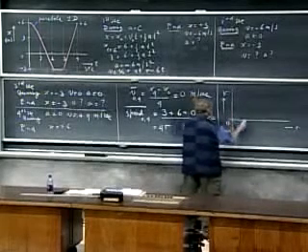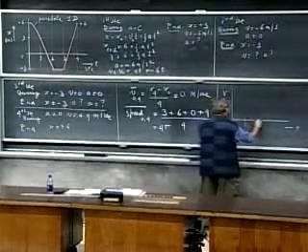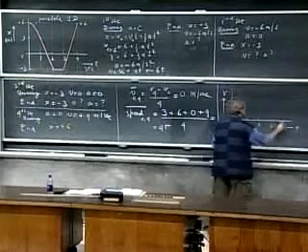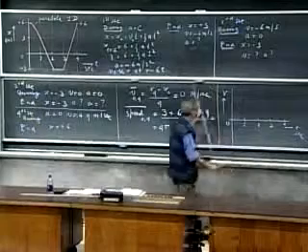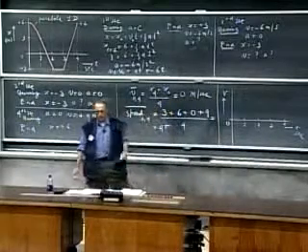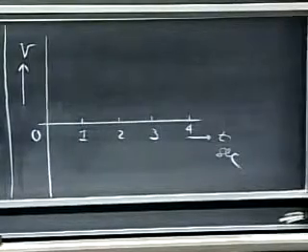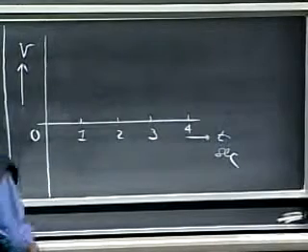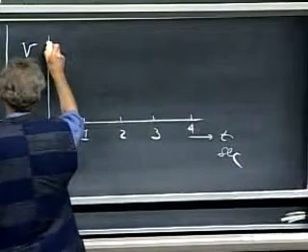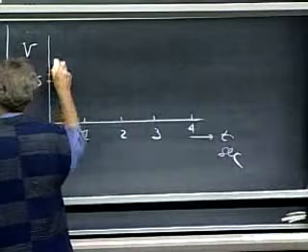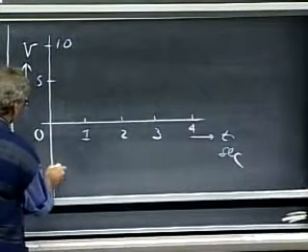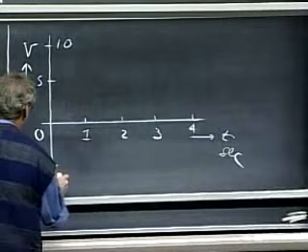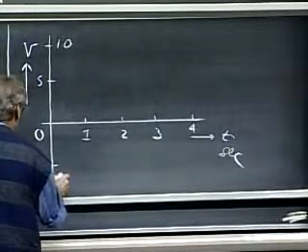This is 0. 1 second, 2 seconds, 3 seconds, 4 seconds. And this velocity is in meters per second. I go up here to +10, and here is -5, here is -6.